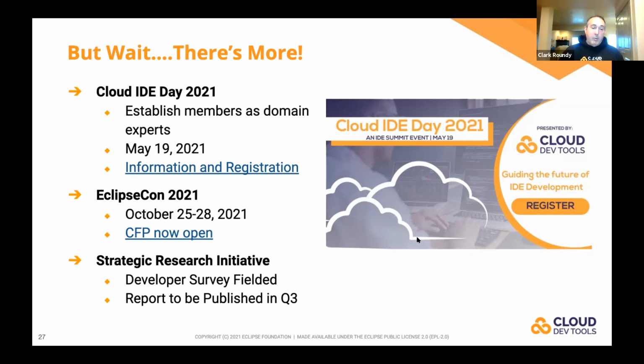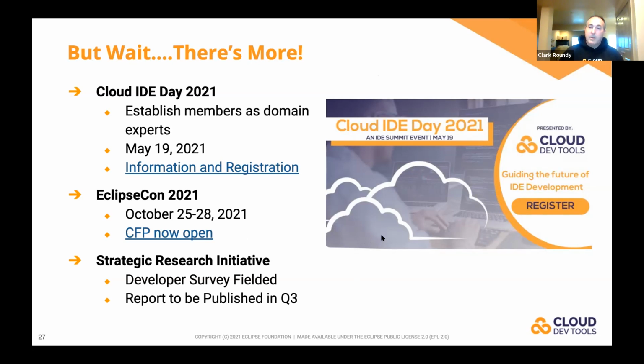EclipseCon, that I think you're all familiar with, we have opened up the call for papers. Please submit, and let's make sure that our community is well represented there. And then finally, we have kicked off a strategic research initiative with a third party. This is being fielded right now.